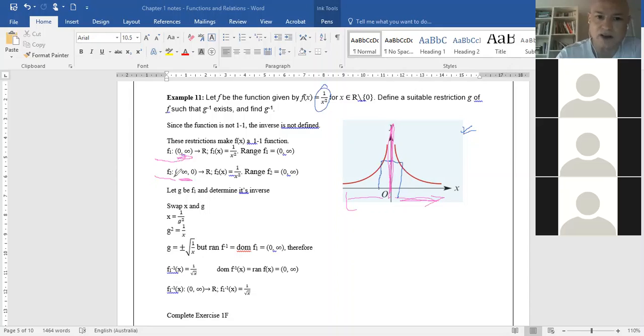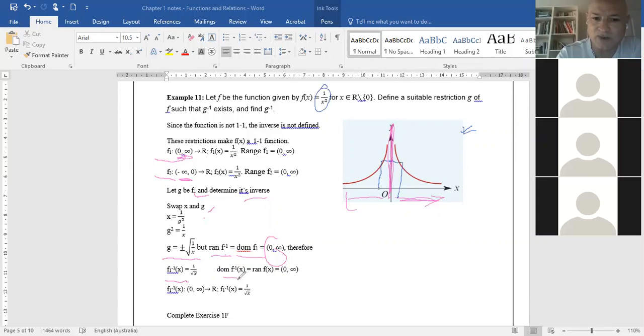But I'm using f1, so only function 1, to determine its inverse. So I've let it equal, I've swapped it, and I have now found it, there it is there. I know the range of the inverse is the domain of the function, which is that, therefore I only need the positive one.